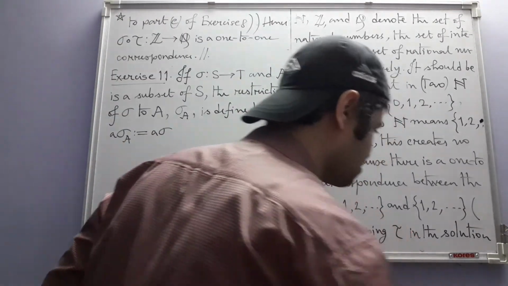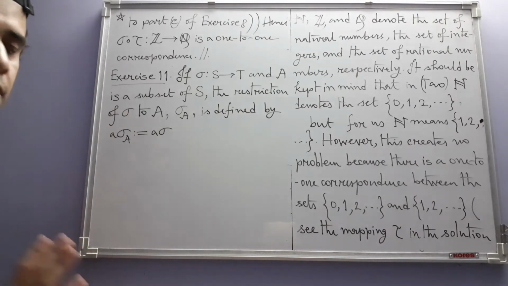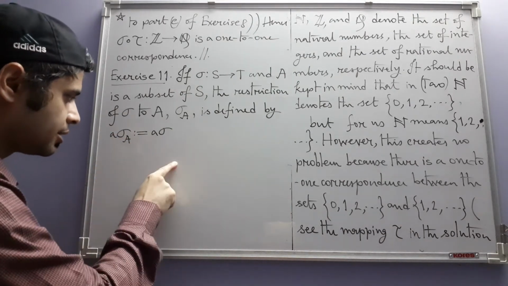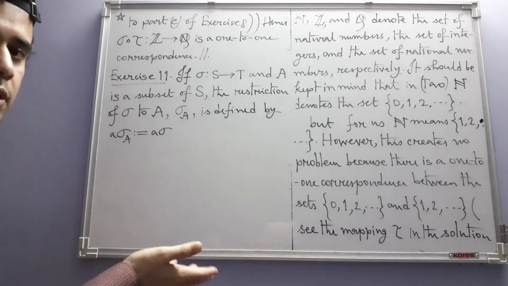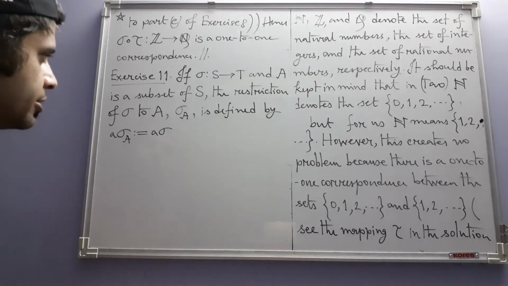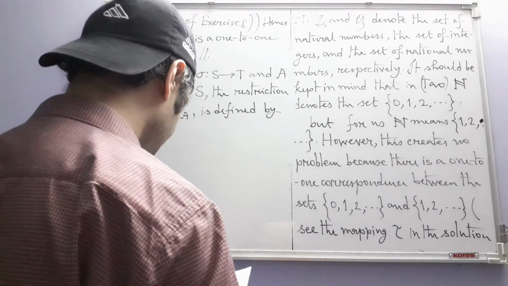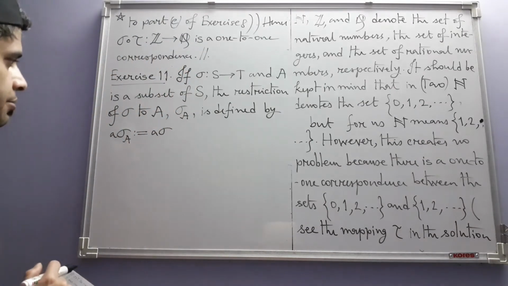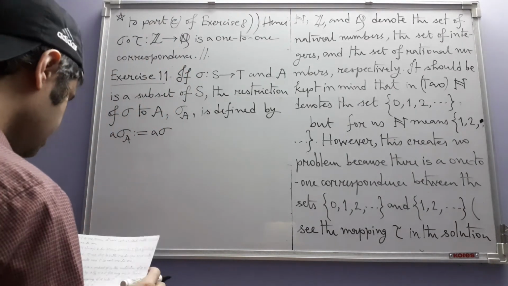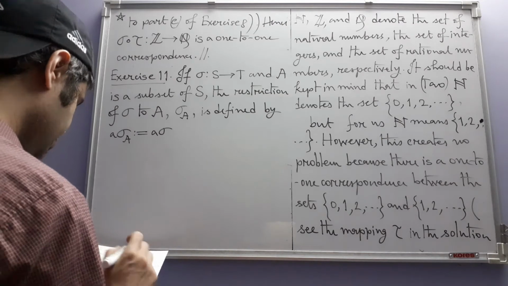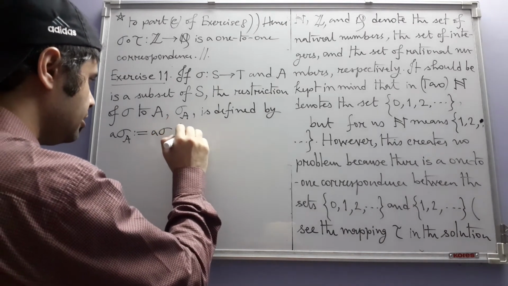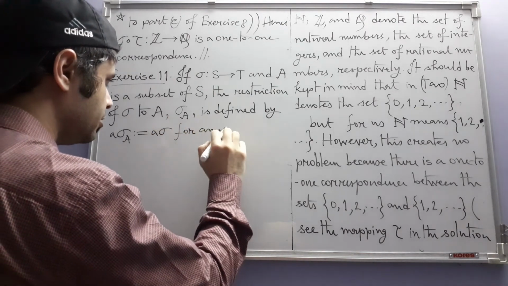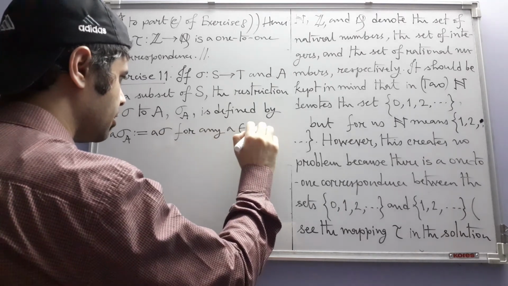If A is a subset of B, then B is a superset of A. If sigma is a restriction of tau, then tau is an extension of sigma. It's just a way of saying the same thing. Okay, so it's defined by this, for any a belonging to A.